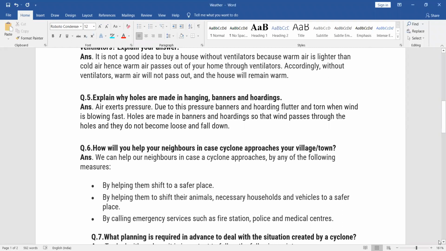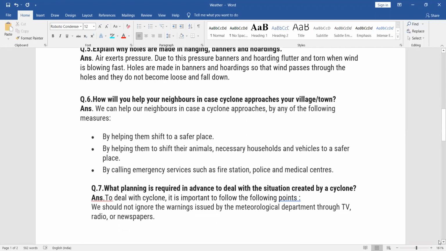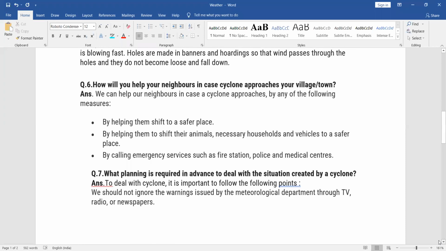Yes, now see the next question, question number 6. How will you help your neighbors in case a cyclone is approaching your village or town? All the steps and precautions taken by us, we can write there.